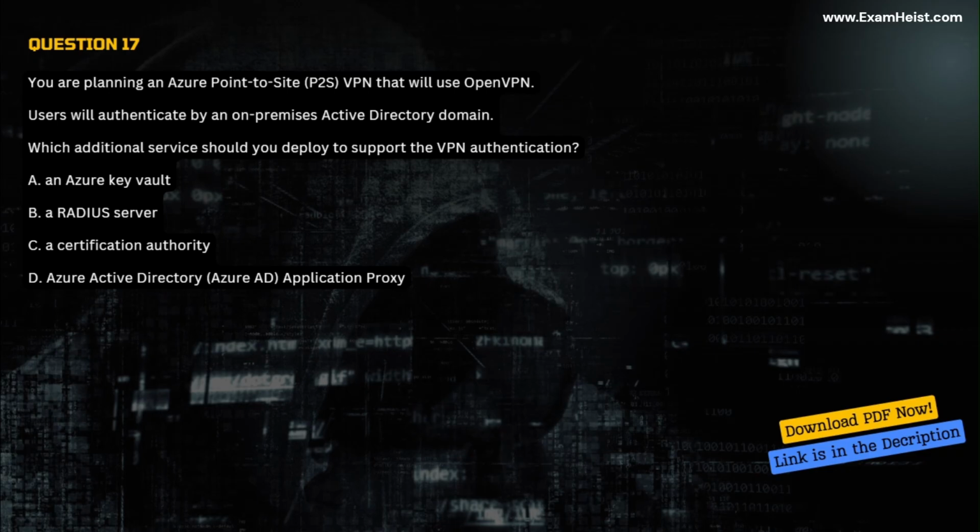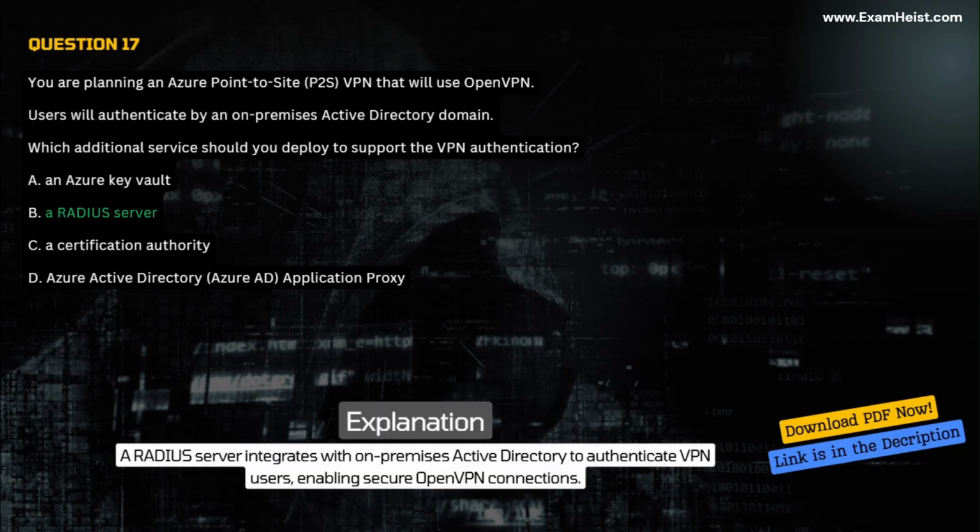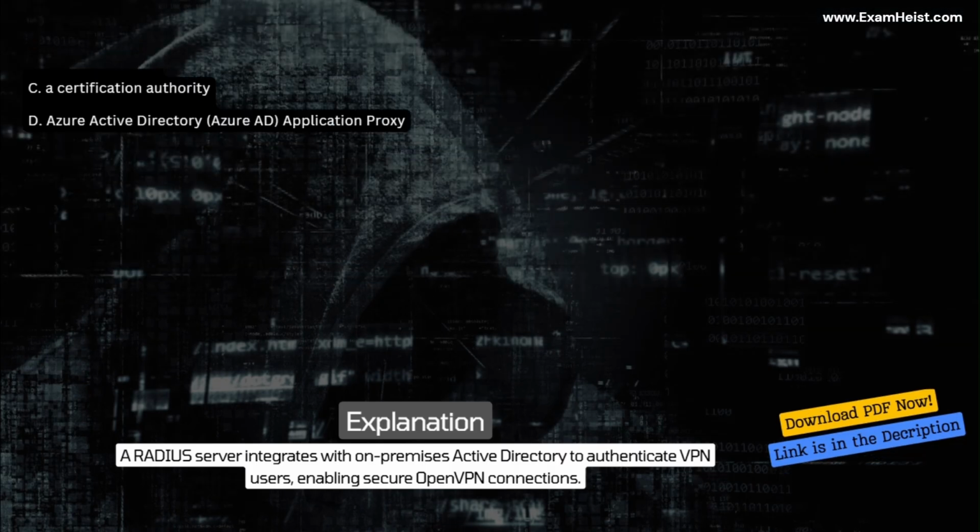C. A certification authority. D. Azure Active Directory (Azure AD) application proxy. Correct answer: B. A Radius server. Explanation: A Radius server integrates with on-premises Active Directory to authenticate VPN users, enabling secure OpenVPN connections.